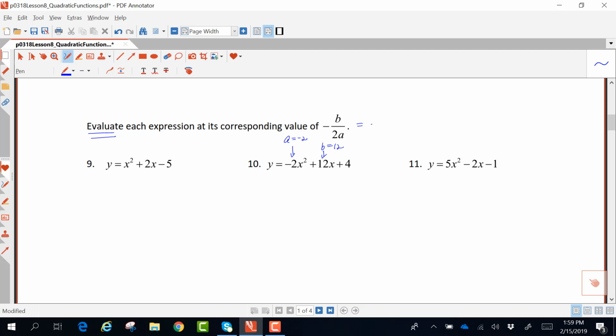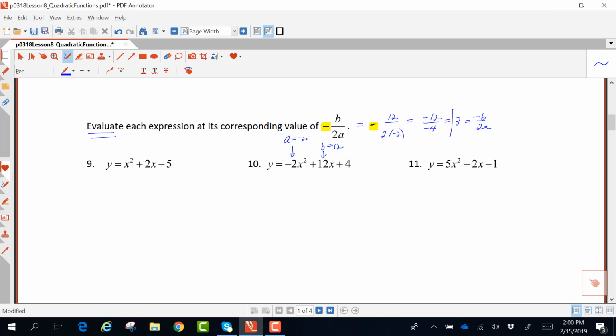Therefore, -b/2a would be negative from the formula. My b value is 12. 2 times a is 2 times -2. This would result in a -12 over -4, so my -b/2a is 3.